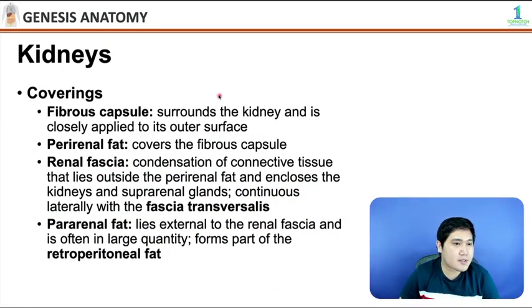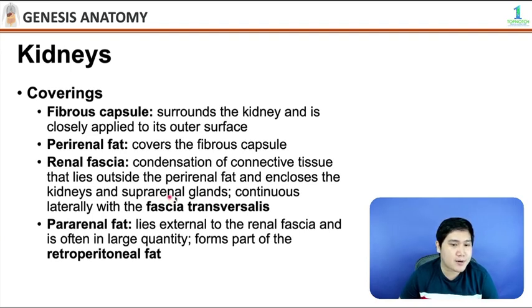So your kidneys have several coverings. The immediate covering is a fibrous capsule. It surrounds the kidney and is closely applied to its outer surface. It is followed by the perirenal fat, followed by the renal fascia, which will now contain the suprarenal glands.